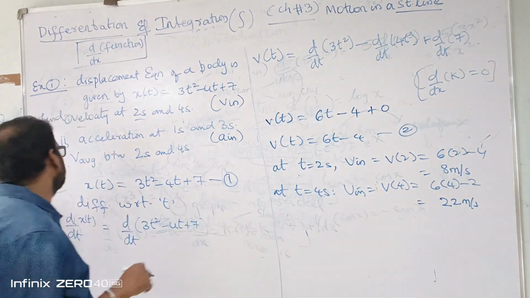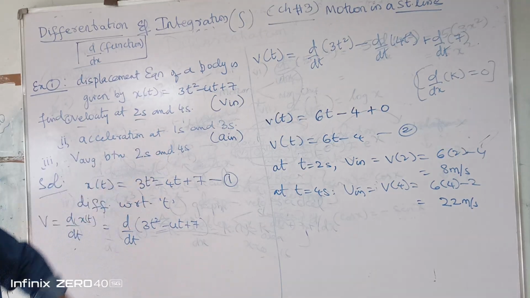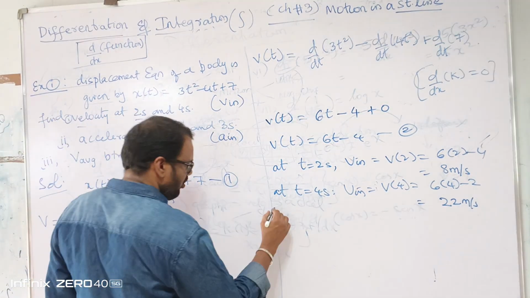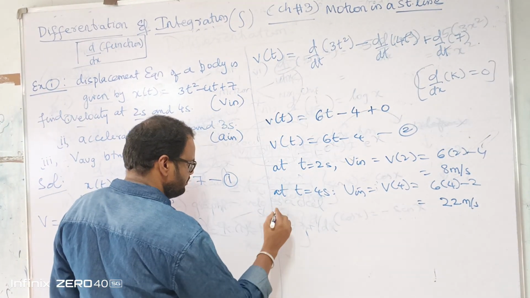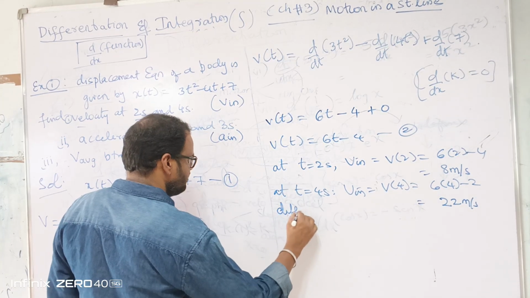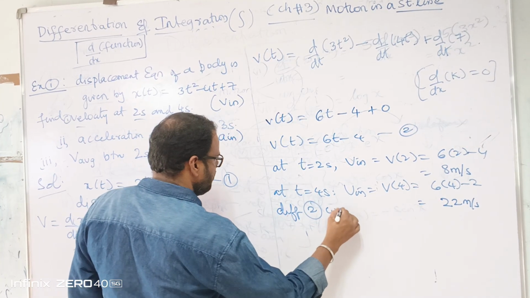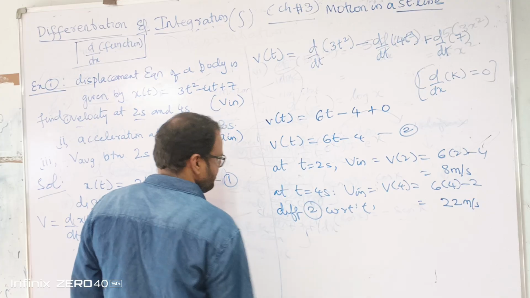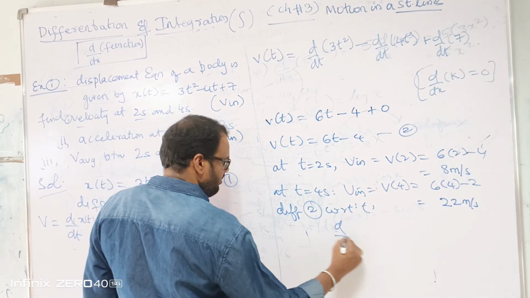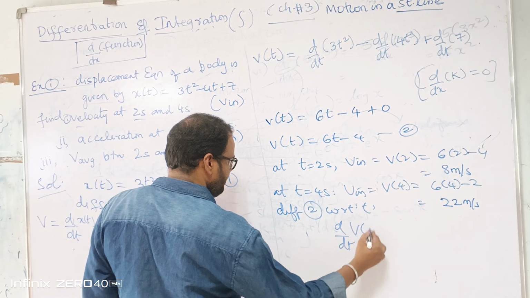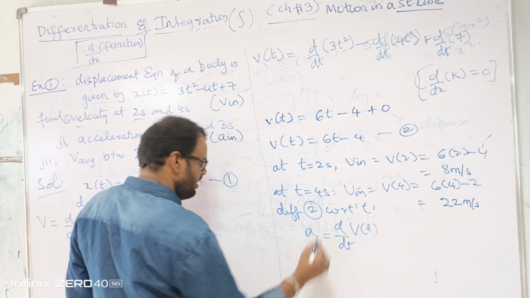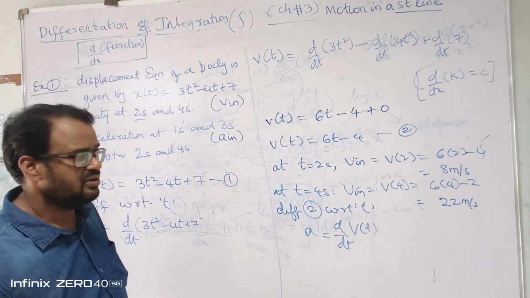Now we have one more thing: acceleration. To get acceleration, what do you have to do? A equals differentiating equation 2 with respect to time. That is, d by dt of v(t) equals a. You have to differentiate that.